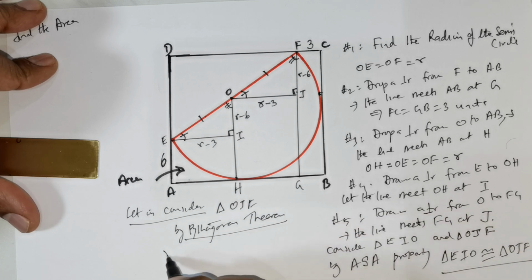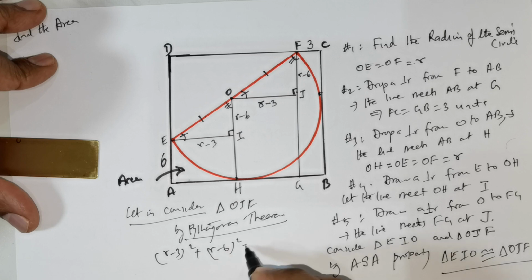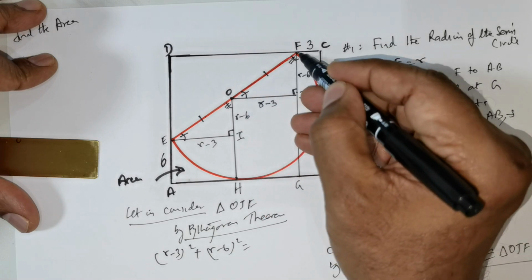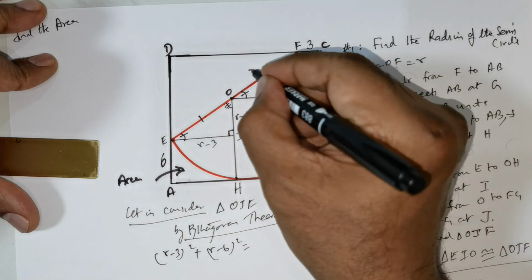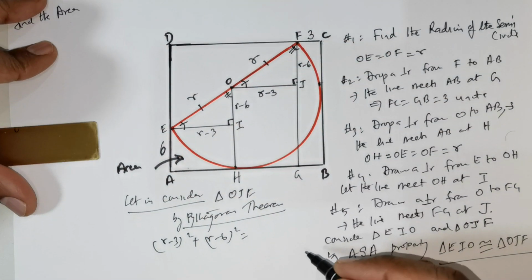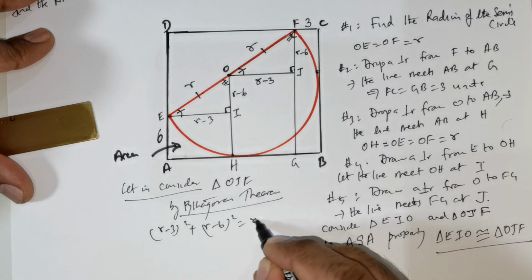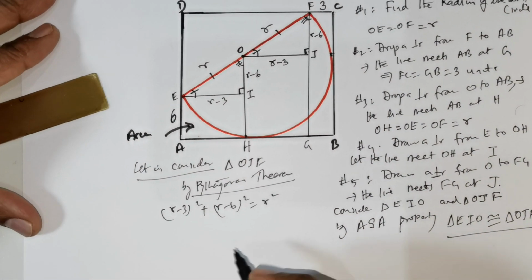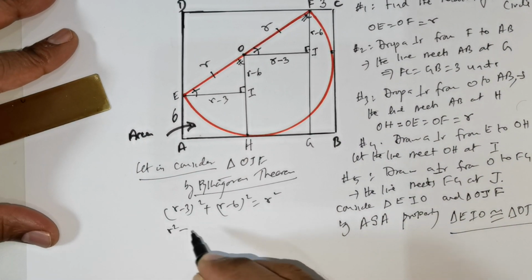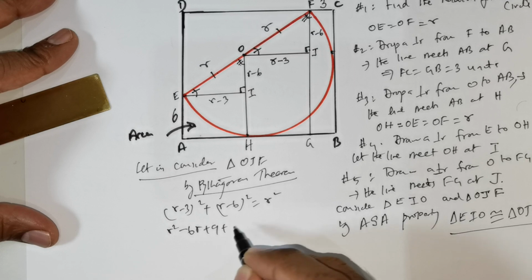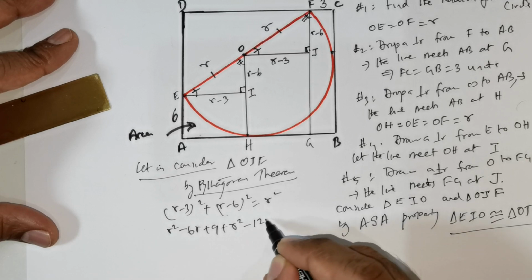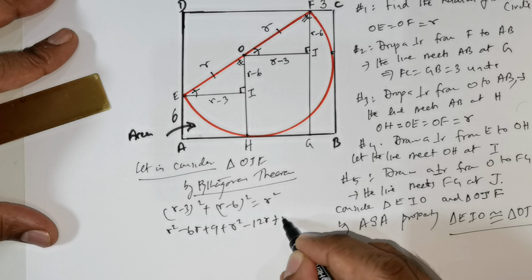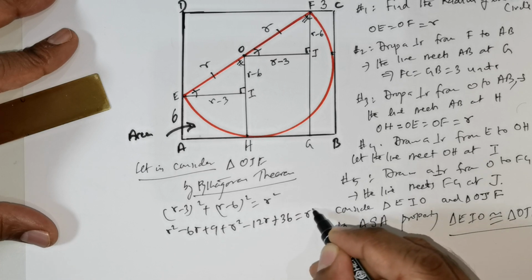(R minus 3) the whole squared plus (R minus 6) the whole squared is equal to, this entire thing is going to be the radius R, so this is equal to R squared, right? If I expand this, this is going to be R squared minus 6R plus 9, plus R squared minus 12R plus 36, is equal to R squared.